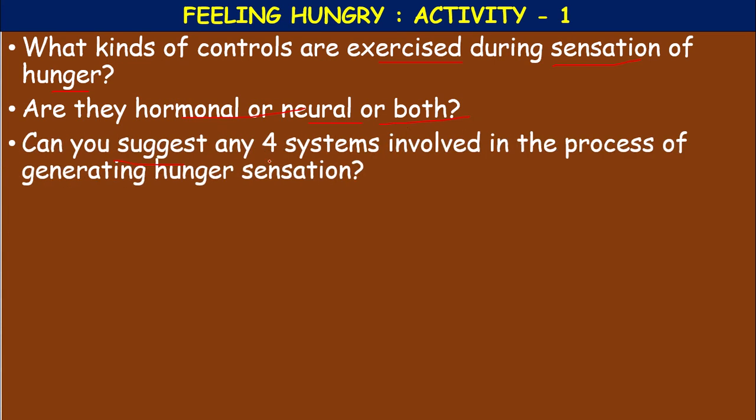Can you suggest any 4 systems involved in the process of generating hunger sensation? Yes, the first one is the transport system. The second one is the hormones, the endocrine system. The third one is the nervous system. And the fourth one is the excretory system.